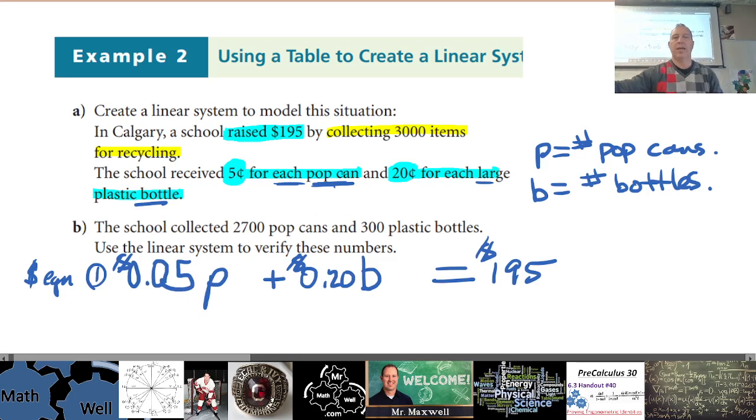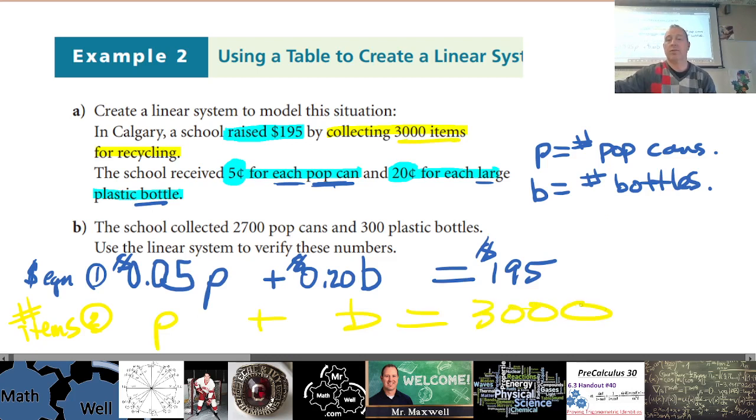Okay? So the next one in yellow here, I'm going to do equation 2. This is going to be just number of items, right? So this one's really easy. There's 3,000 total items. So P plus B equals 3,000. Done.